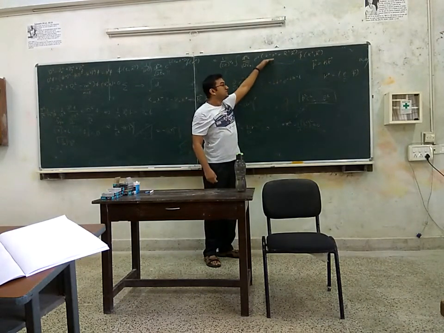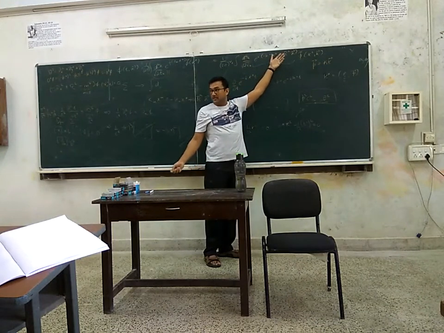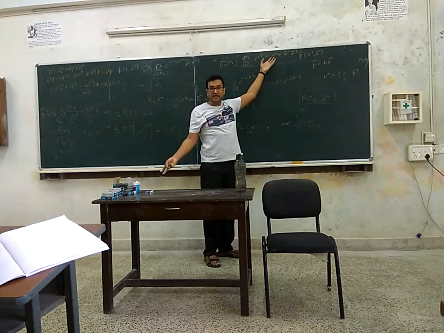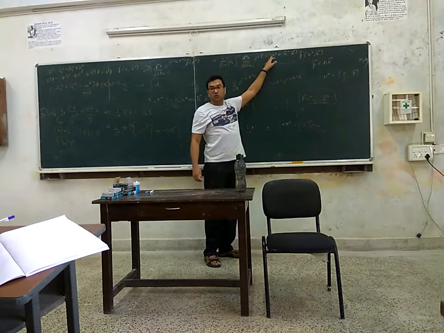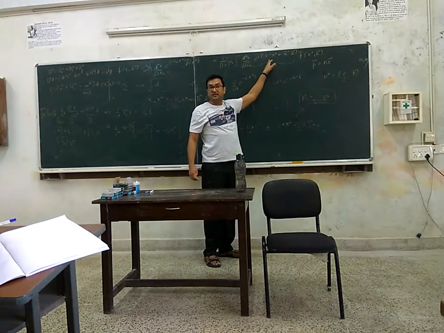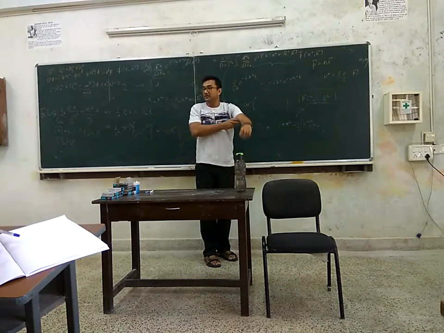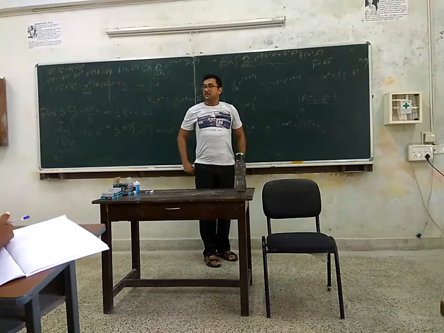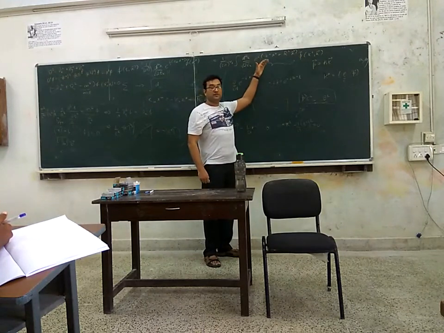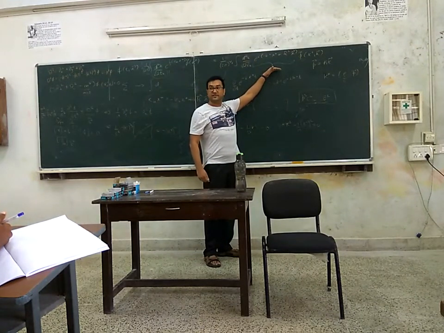This is a plane wave. That's what this e to the i kx is. It's a plane wave, and this is omega t. So your basis vectors are plane waves.